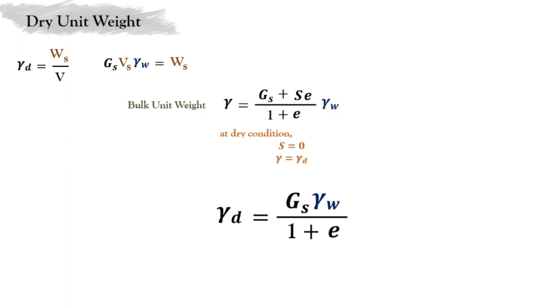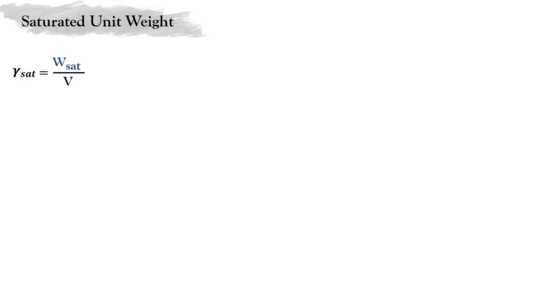So, parang nanggaling lang din naman pala siya sa bulk unit weight with the adjustment of the different condition of the soil. So, isa lang ang formula natin sa dry unit weight. Okay? So, next, punta tayo sa saturated unit weight.